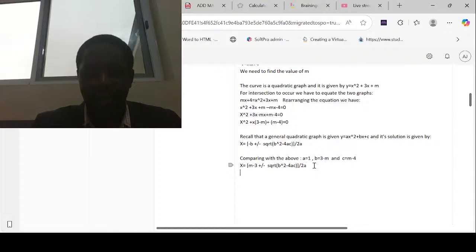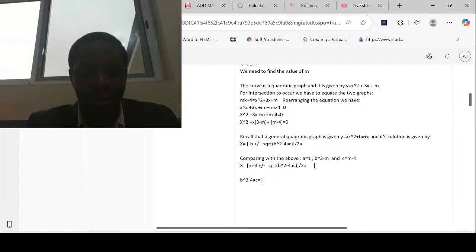So it's a bit of complicated algebra, but no problem. So b squared is going to be (3 minus m) all squared, I'm bringing that one out so that we can deal with it separately, minus 4 times 1 times c, where c is m minus 4.